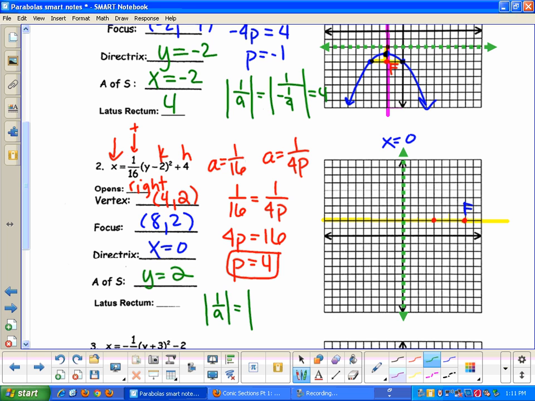So in this case, we have the absolute value of 1 over 1/16, which is just equal to 16. So half of 16 is 8. So from my focus, I'm going to count up 8 and down 8. So here and here. So then from there, I can draw my parabola.